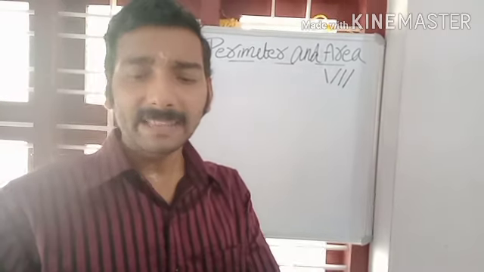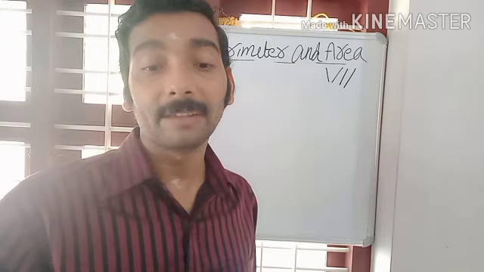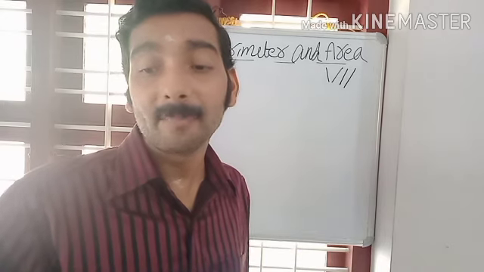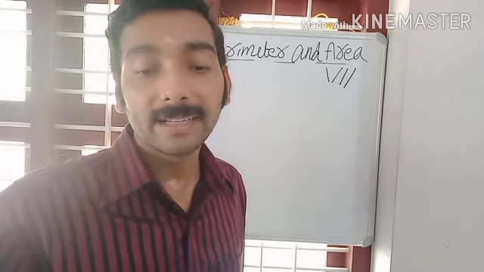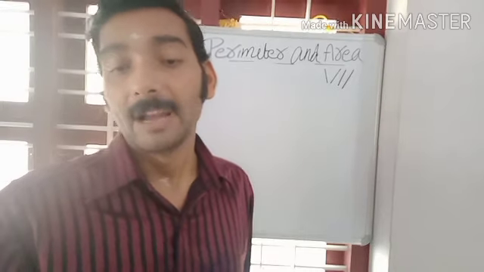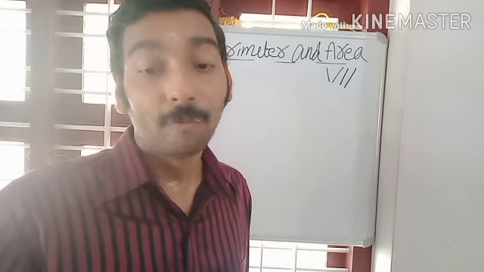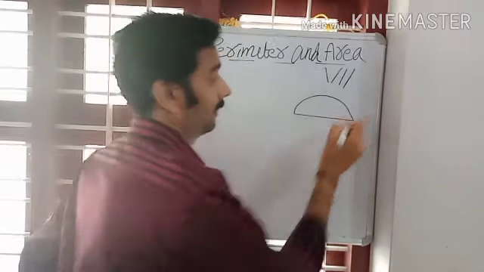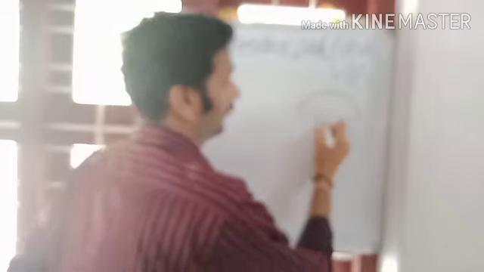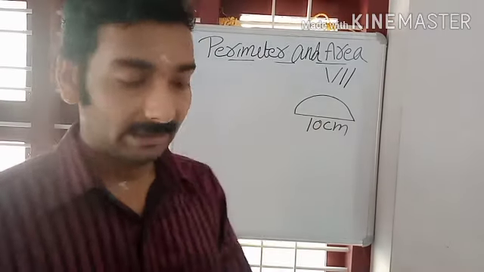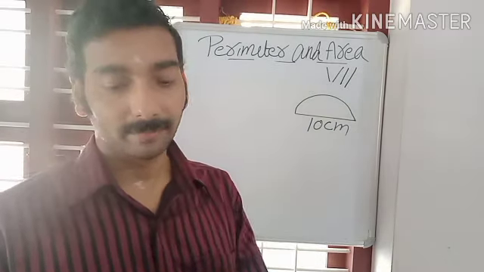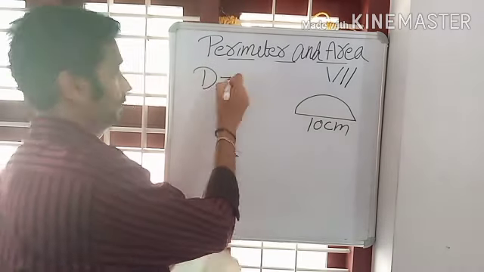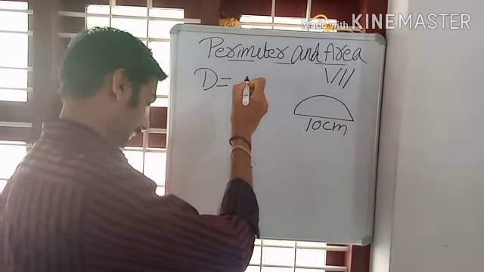Find the perimeter of the following figure, which is a semicircle, including its diameter of 10 centimeter. This is the 7th question. The diameter is 10.